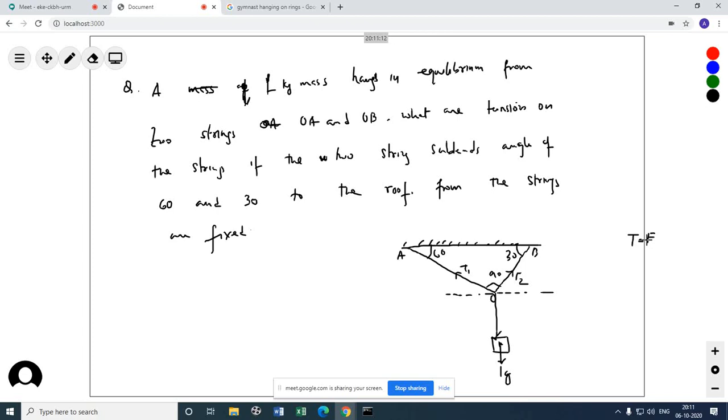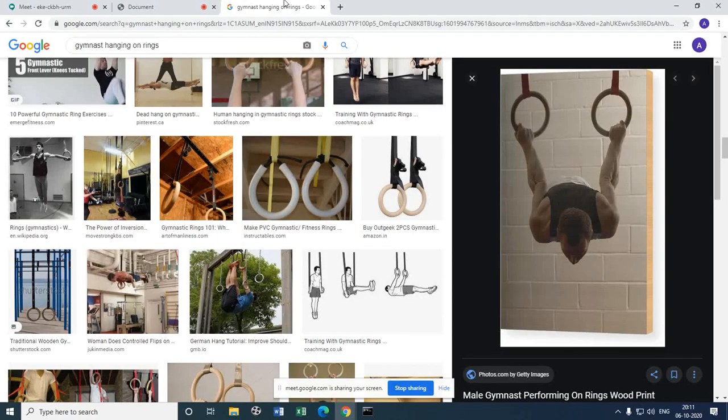Here T into L is my force, that is, T equals force by L. So in this case it should be different.